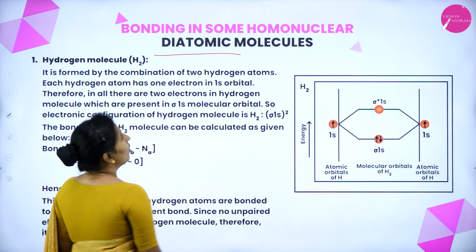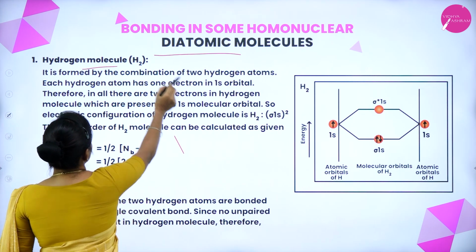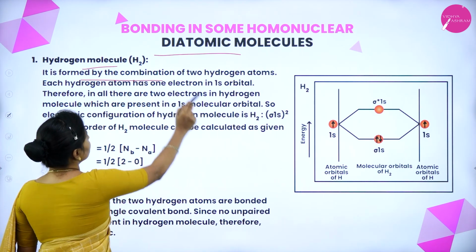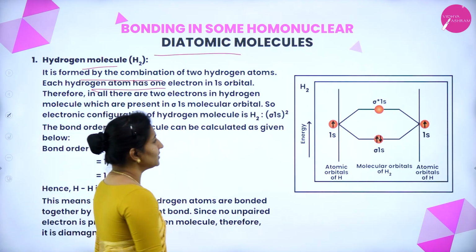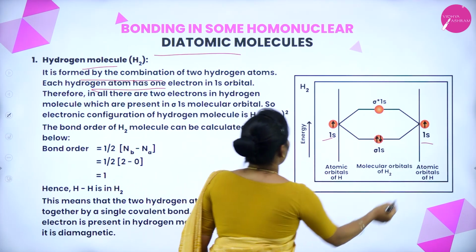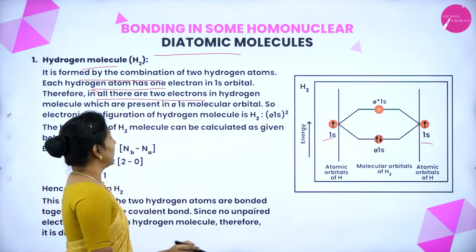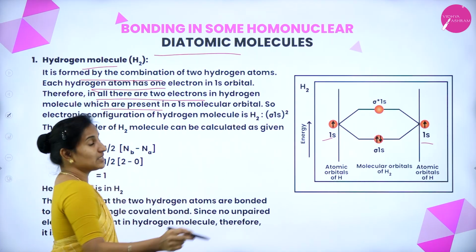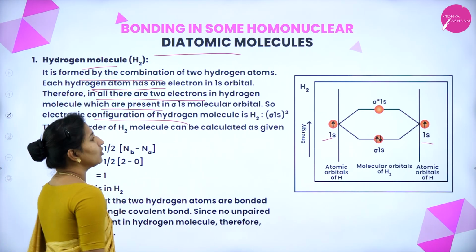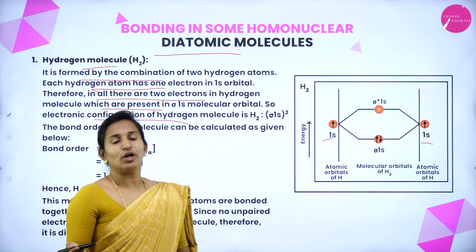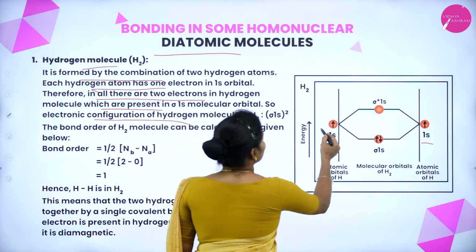Bonding in some homonuclear diatomic molecules, that is the hydrogen molecule. It is formed by the combination of two hydrogen atoms. Each hydrogen atom has one electron, and these combine so that both electrons in the hydrogen molecule are present in the sigma 1s molecular orbital. So, the electronic configuration of the hydrogen molecule is (sigma 1s)2 because each atom donates a single electron.